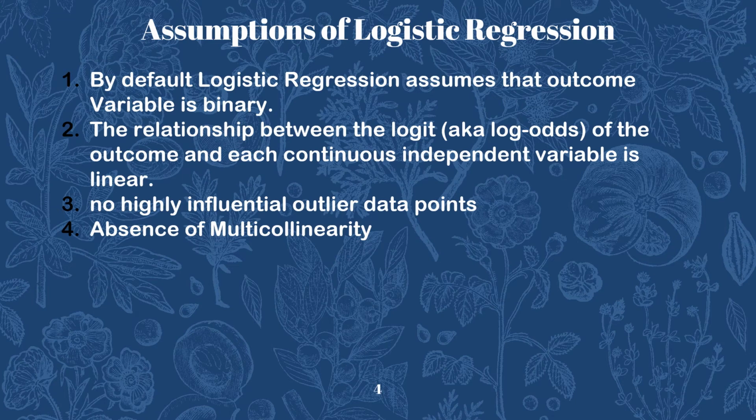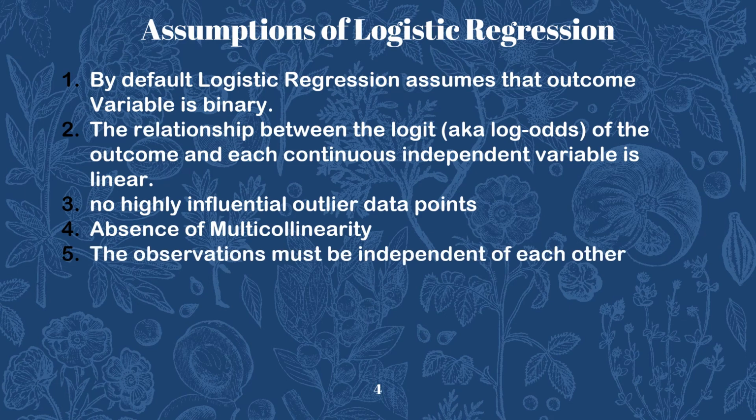Multicollinearity means you have different independent variables which are correlated with each other. If we want to build a logistic regression, we have to ensure that the independent variables are not correlated with each other. Now, the fifth assumption states that the observations must be independent of each other. So, the observations should not be dependent on the previous observation.